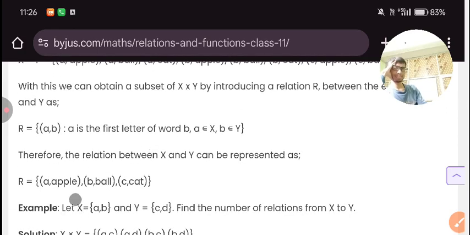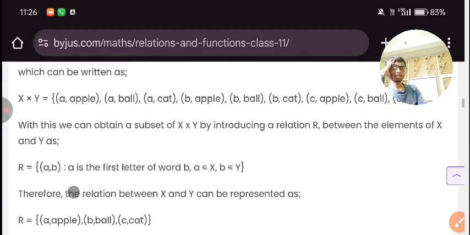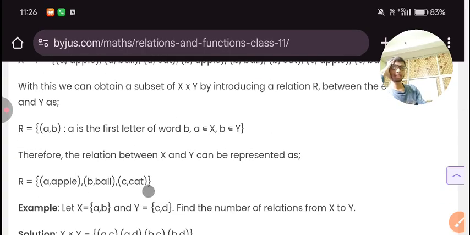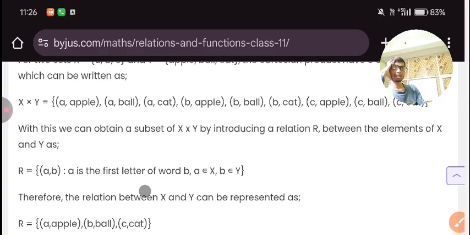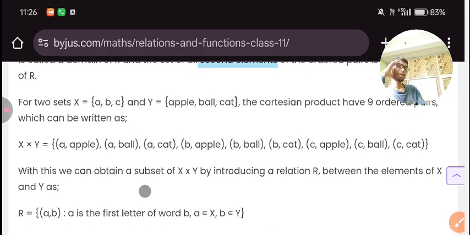Here what are you observing? What is happening here? We only will take this (a, apple), again the common thing we will not take, again a we will not take, then (a, apple), then (b, ball), then (c, cat).